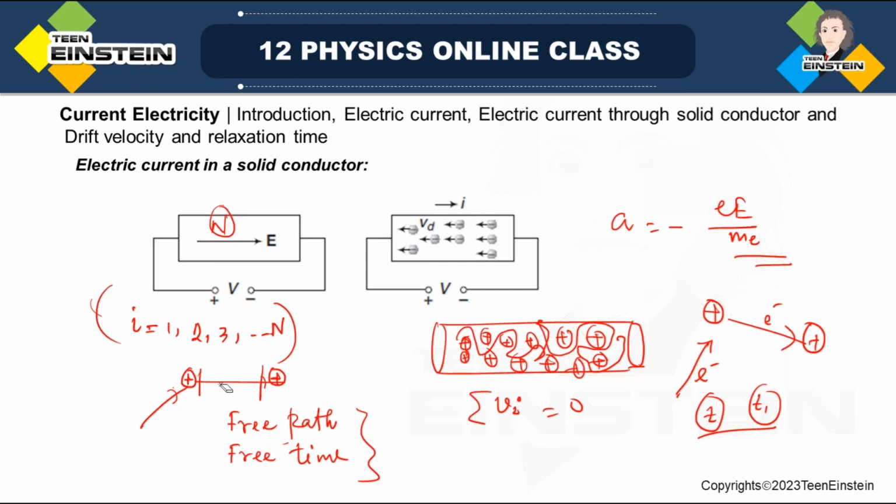During the collision, the free path is a straight line. We generally take the free path as a straight line.